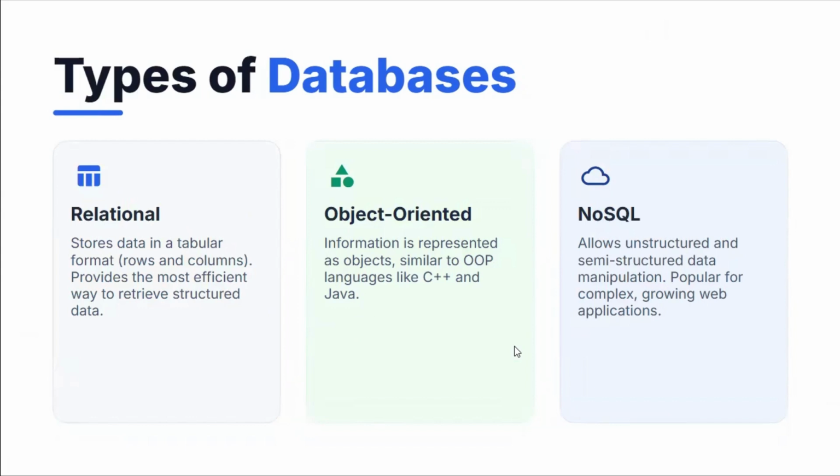Okay. Now coming to the types of databases. There are so many types of databases, out of which I am discussing the prominent three. In this tutorial, we will be continuing mostly with relational databases. So what is a relational database?